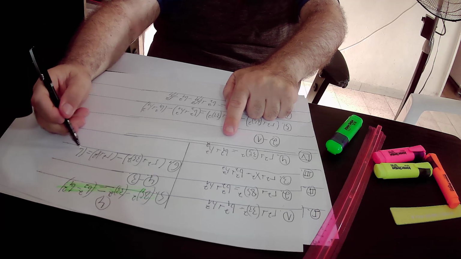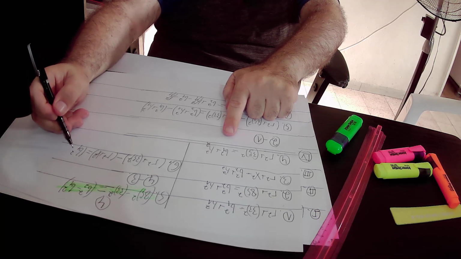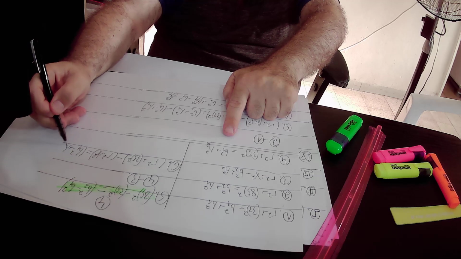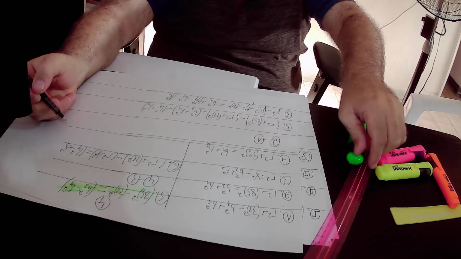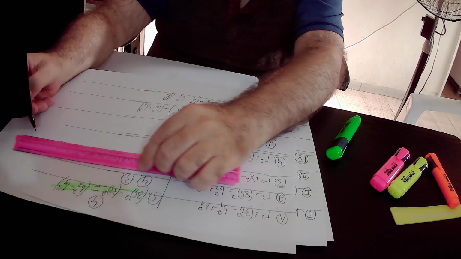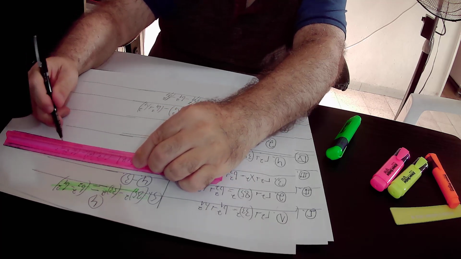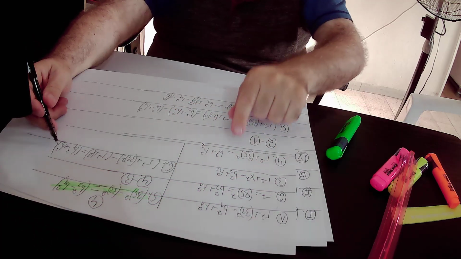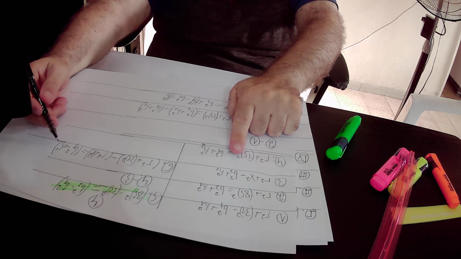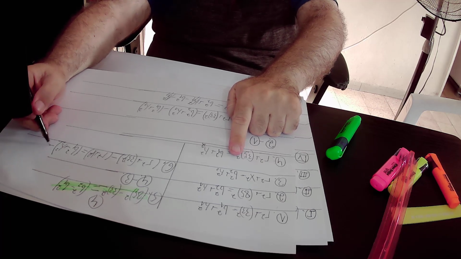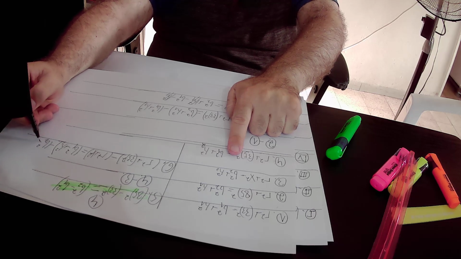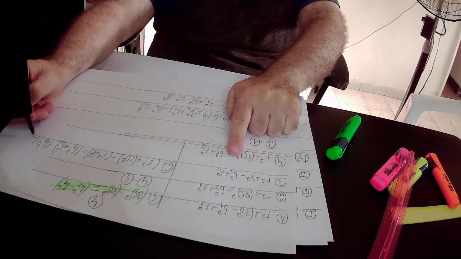We have b1 squared plus h2 squared minus the other side of equation number 3, so it is minus b2 squared plus h2 squared.